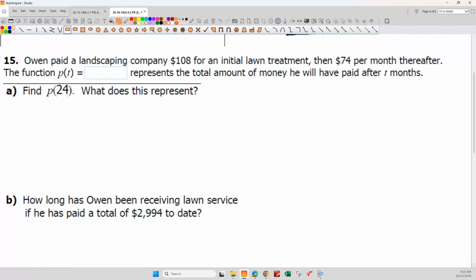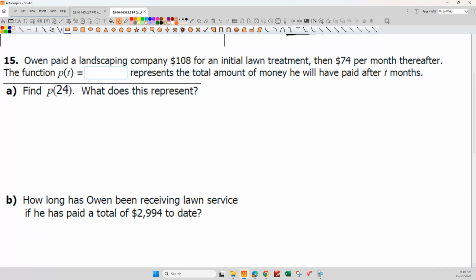So what would our function be? We're going to review this stuff when we start reviewing linear equations. But if the initial payment is $108 and he's paying $74 per month, what would that be as an equation, do you think? There you go, 74T plus 108, isn't it? How do you know that?